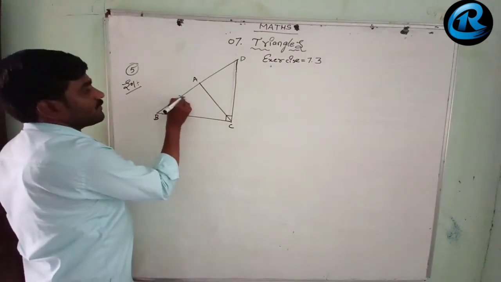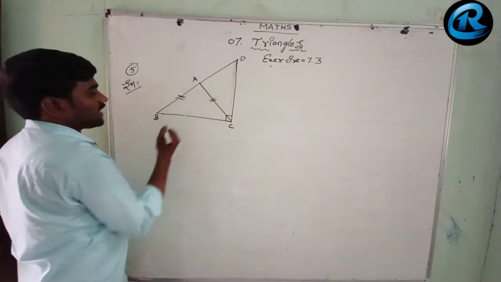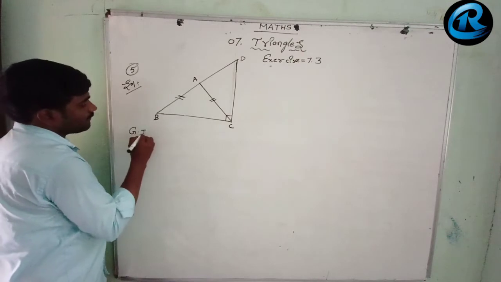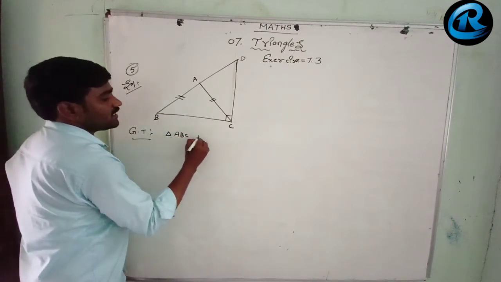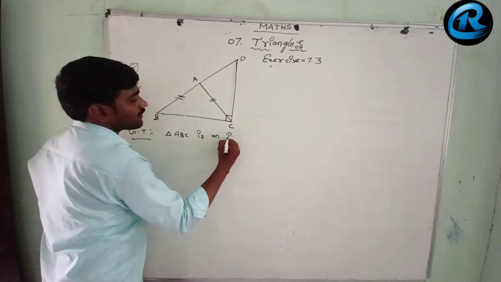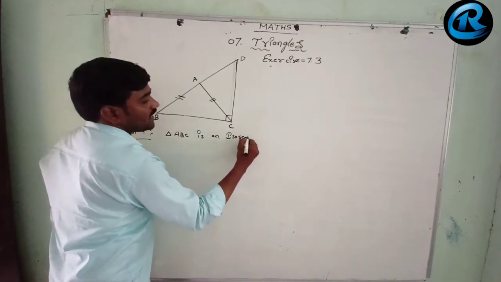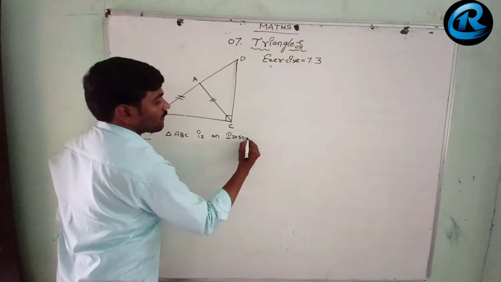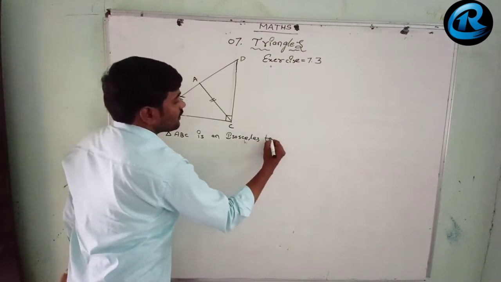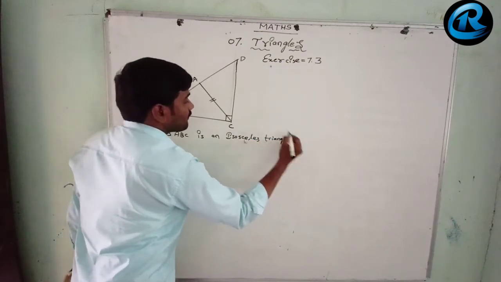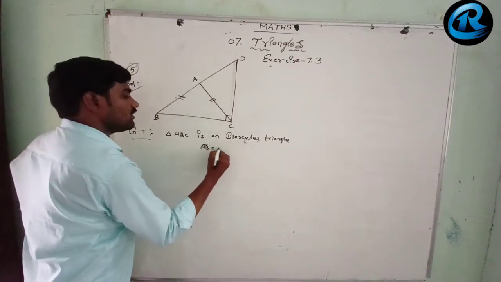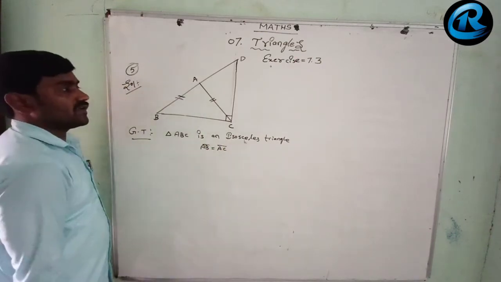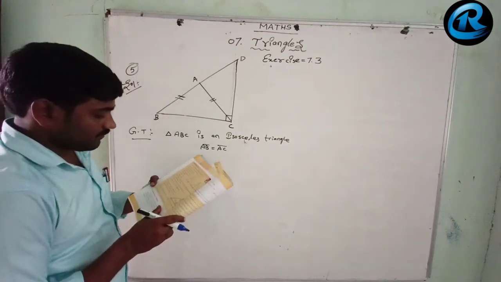Given that triangle ABC is an isosceles triangle in which AB equal to AC.